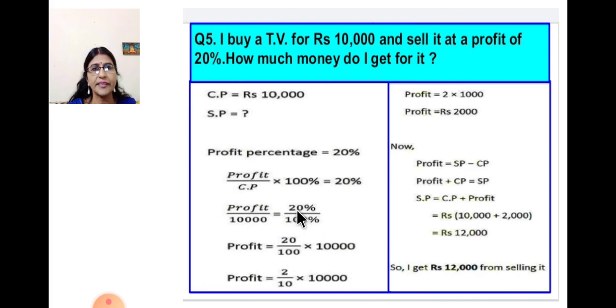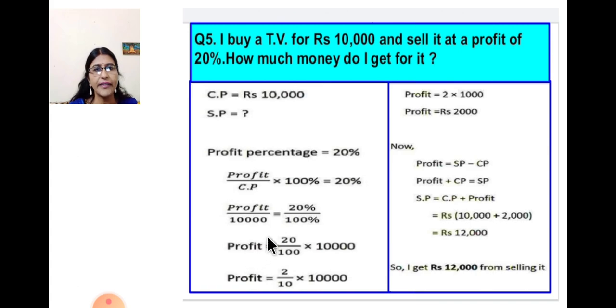So we'll write 20% upon 100%. Now both percent will cut, and then we'll write in the next step profit only will keep, because we have to find out profit first.